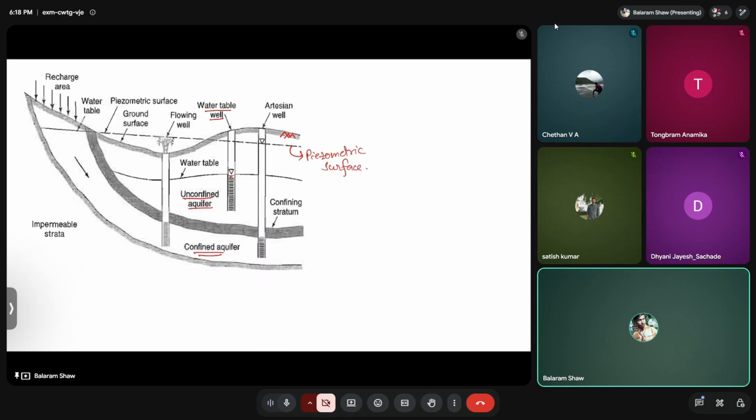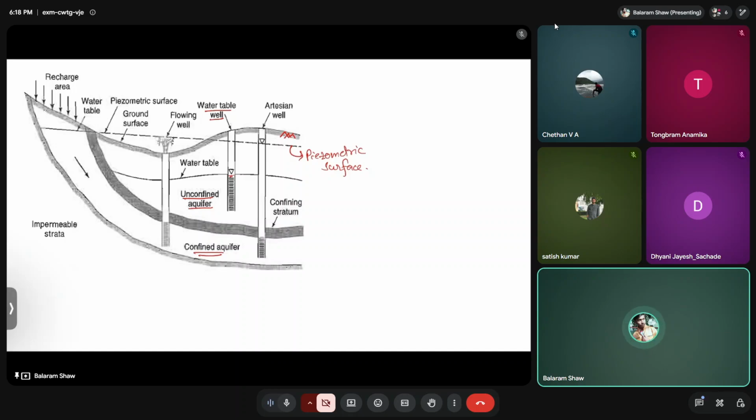It is sandwiched between two impermeable layers, right? Because of which there is pressure created in the water, and hence we call it a pressure aquifer. So if the piezometric surface is above the water table, then what will happen? The pressure will again try to balance the atmospheric pressure, and the water will stay within the well.